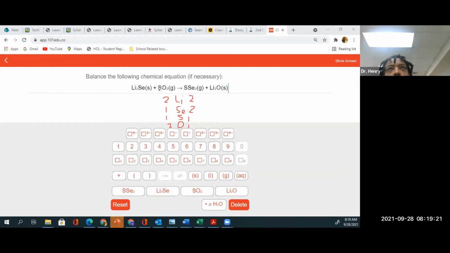So how can we change the coefficients so that they match up on both sides? Where should I start? Lithium looks good, doesn't it? 2 on 2, so we don't need to worry about that one. What about our Se's? We have 1 and 2. So what do I need to do so that I have 2 on both sides?